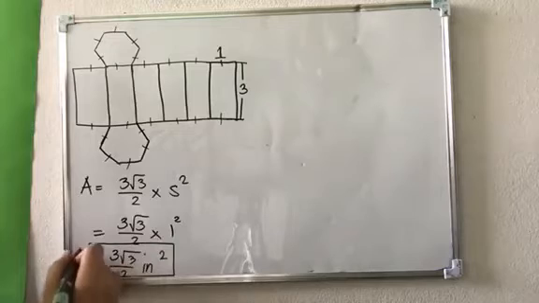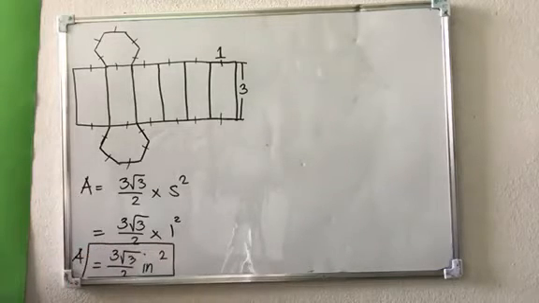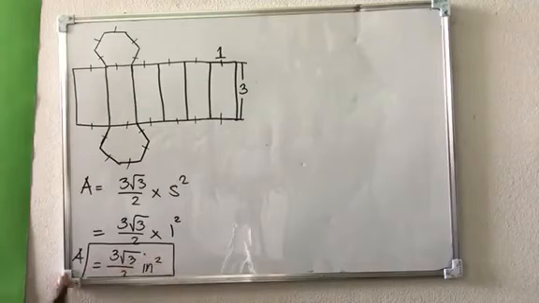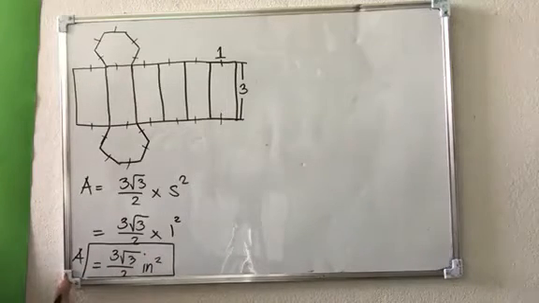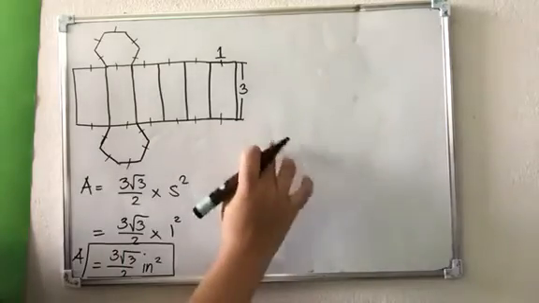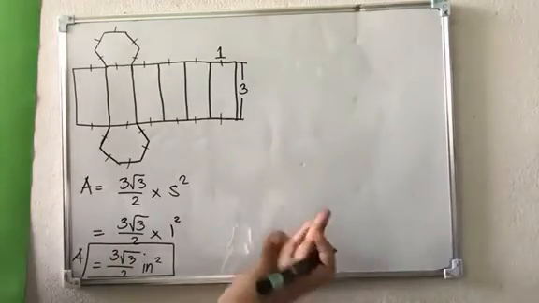Alright, so that is our area. Next, we are going to look for the lateral area of our hexagonal prism.